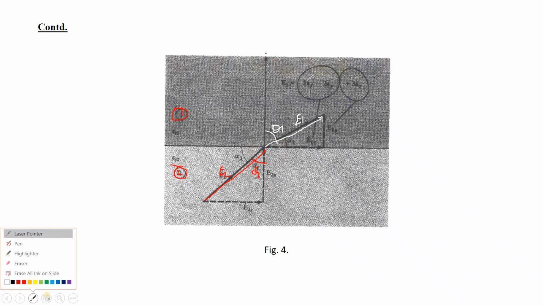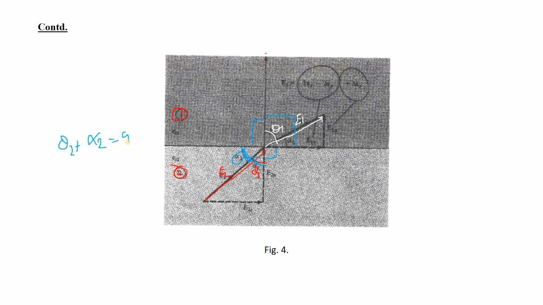Now they are also making another angle with respect to the y axis, that means the boundary. So the total angle is 90 degrees. If this is theta 1 and this is theta 2, then this other angle will be 90 minus theta 2, or say alpha 2. So theta 2 plus alpha 2 gives us 90 degrees.